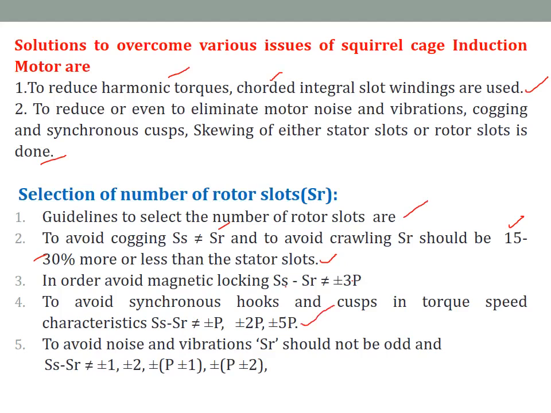And SS minus SR should not be equal to plus or minus 1, and plus or minus 2, plus or minus (P plus or minus 1), and plus or minus (P plus or minus 2). So these are some guidelines to select the number of rotor slots.